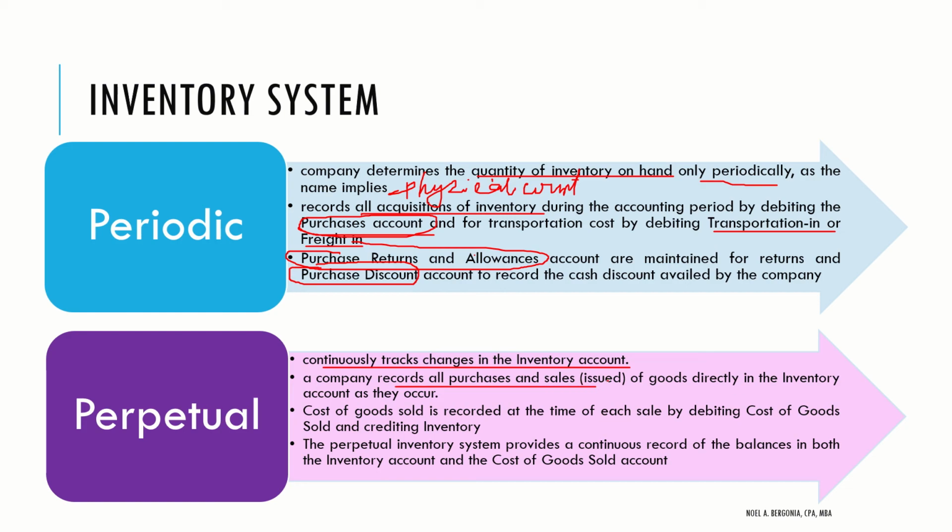So naka-monitor po, hindi po usually ginagamitan ng physical count. Nagfi-physical count pa rin naman po sa perpetual, pero ginagawa lang po 'yun for the sake of rechecking kung ano yung nasa record. Kasi sa periodic, nakarely lang siya dun sa physical count.